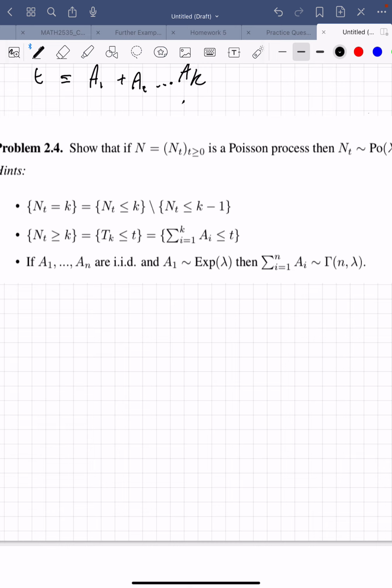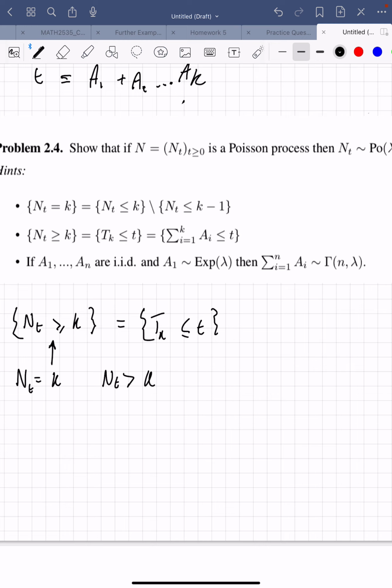So we're going to use the second hint because we're given that N_t greater than or equal to k equals T_k less than or equal to t. So N_t equals k is found within here, as well as N_t greater than k.